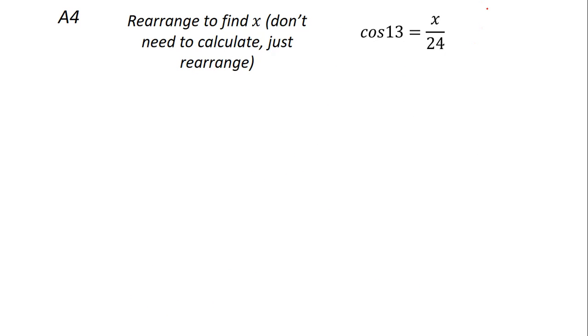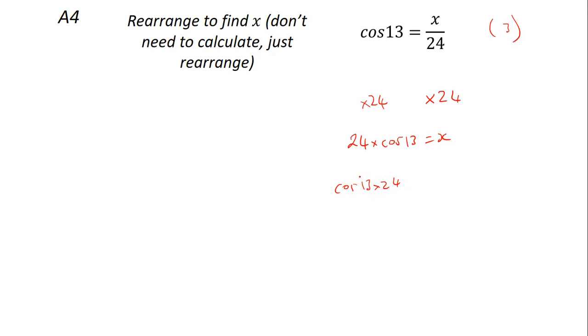And the last one, let's say it's 3 marks. I want to find x. It's divided by 24. This is actually a bit easy. There's the answer. Some of you might have said cos 13 times 24.